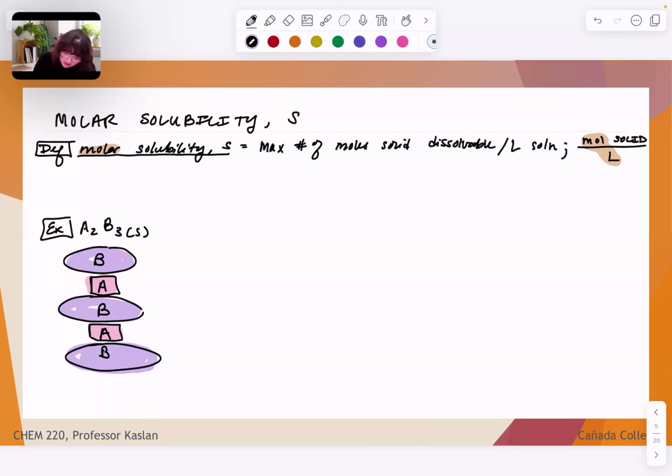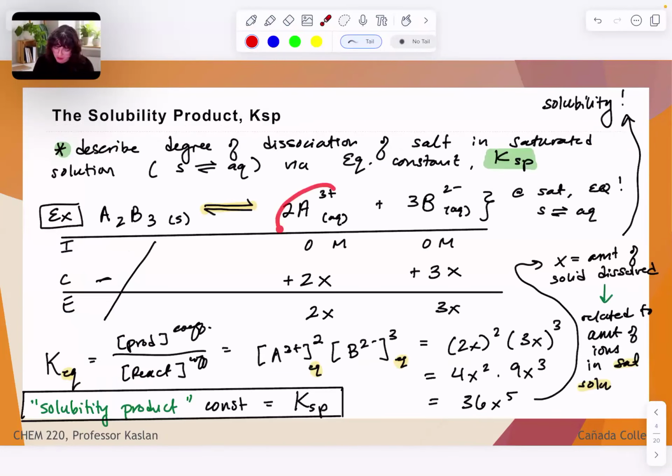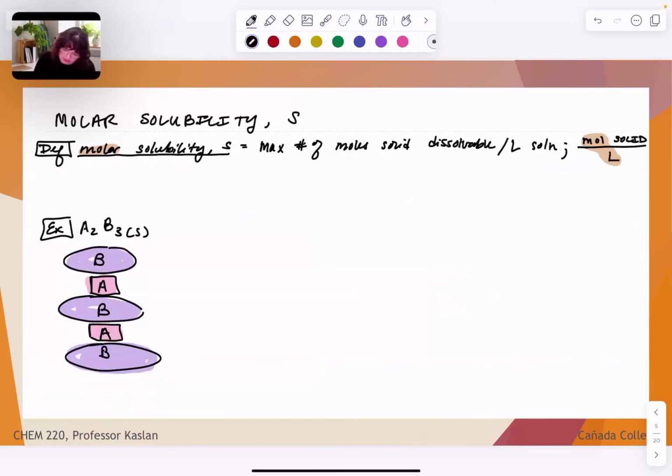So as I mentioned earlier, this measure of our maximum amount of solid that is dissolvable relates to the ionic equilibrium of the actual ions that are dissolved in the saturated solution. So let's make that statement and then prove it to ourselves looking at our crystal A2B3 again.